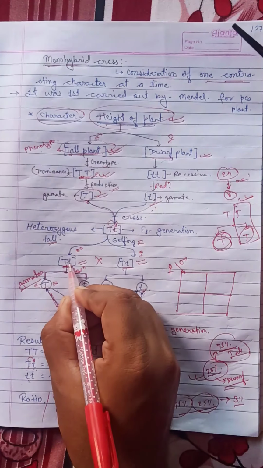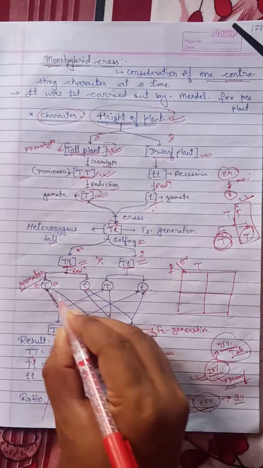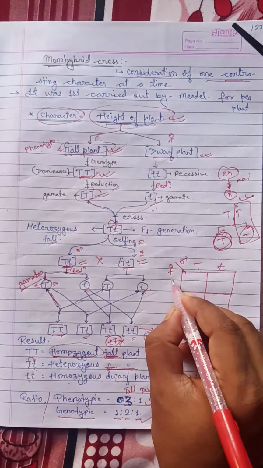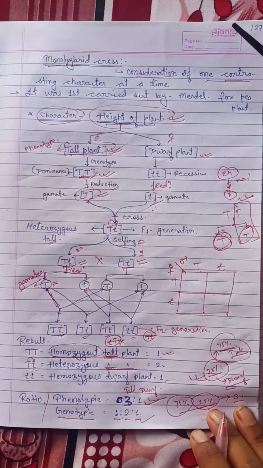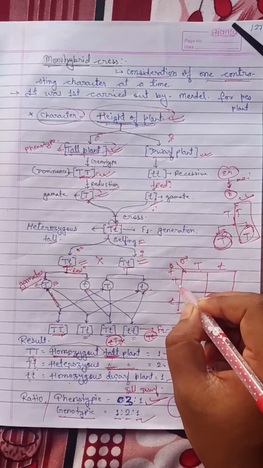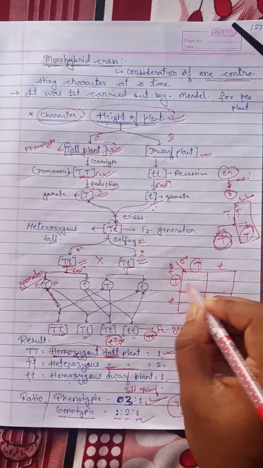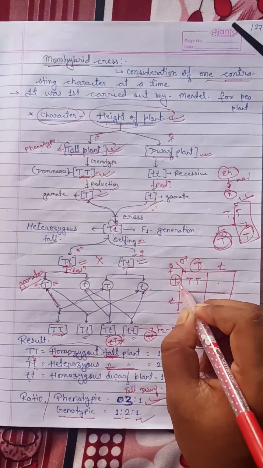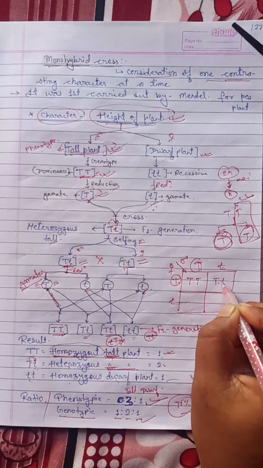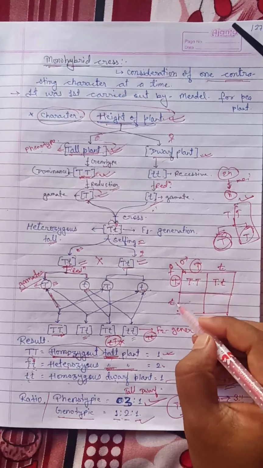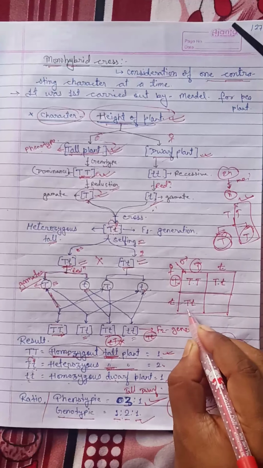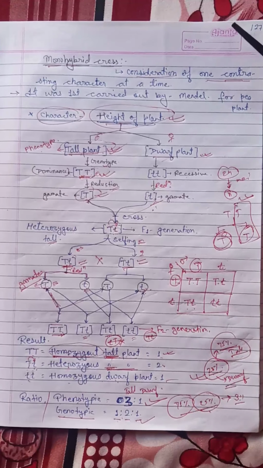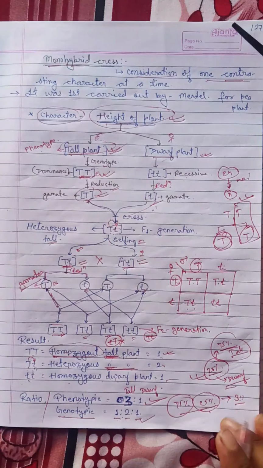The male produces the gametes capital T and small t, while the female also produces capital T and small t. Now in this box we write the crossing between these two: capital T and capital T. In this box we cross capital T and small t, and the resultant is capital T and small t. In this box, small t and small t is the resultant. It is as simple as that.